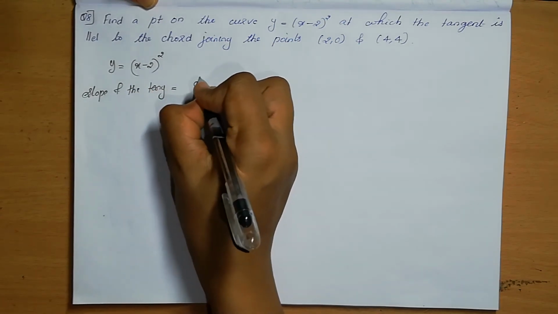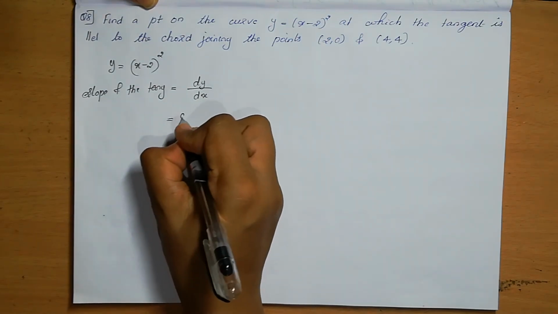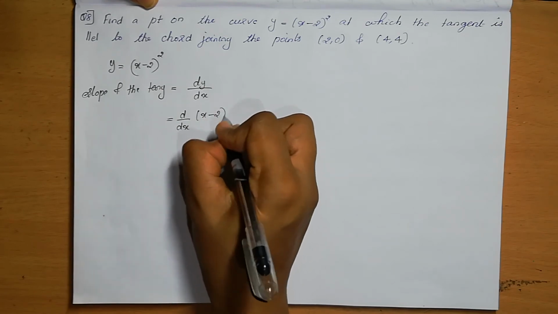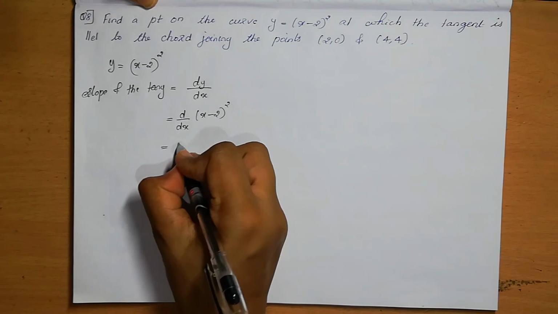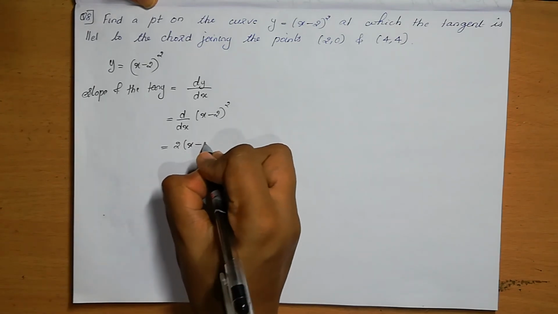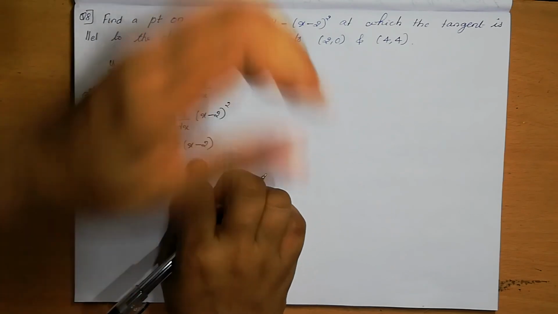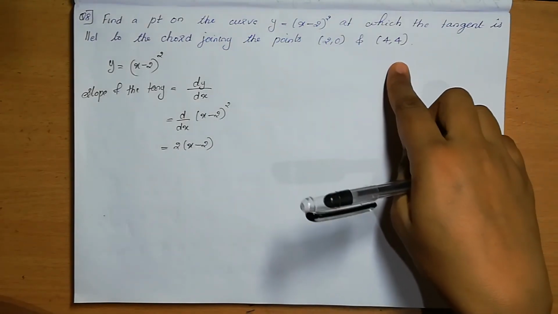Slope of the tangent dy by dx, that means d by dx of x minus 2 the whole square. This is x square form, means derivative of x square is 2x, that means 2 into x minus 2 into derivative of x is 1. Next, slope of the line joining the points 2, 0 and 4, 4, right?